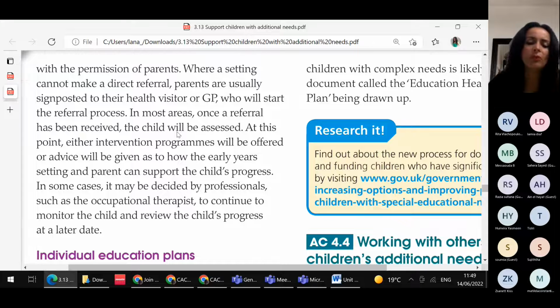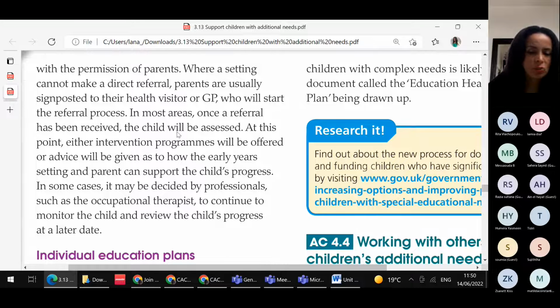So the GP will do the referral. We need permission from the parents. The parents need to speak to the child's GP. Then the GP will make a referral to another professional who can help the child progress.